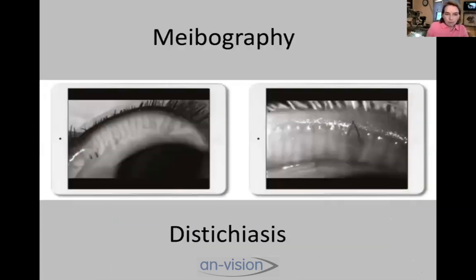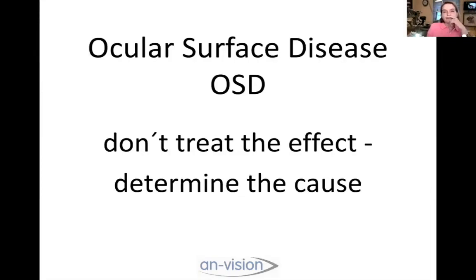You can of course see distichiasis, and other types of irregularities from the inside of the lid margin. You just invert the lid with your thumb or with a cotton tip applicator, roll it out, and then you can take the image.